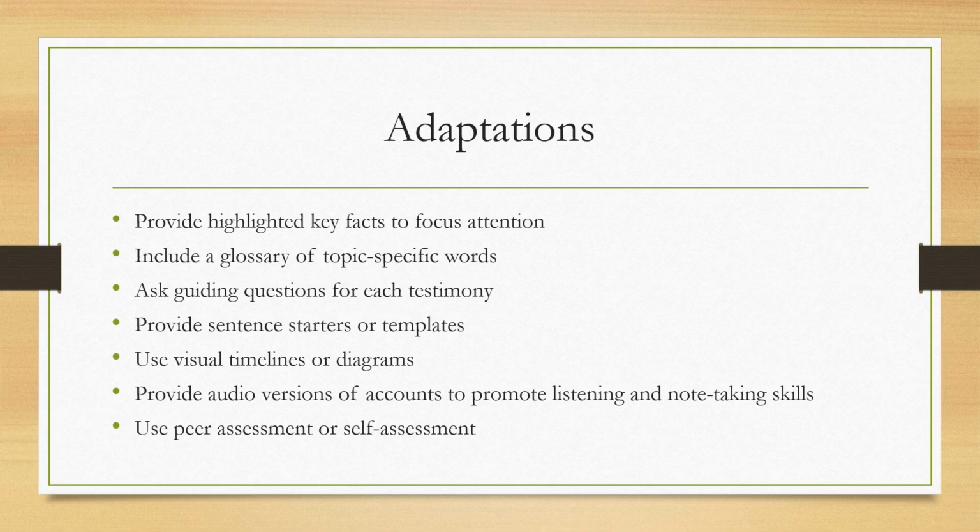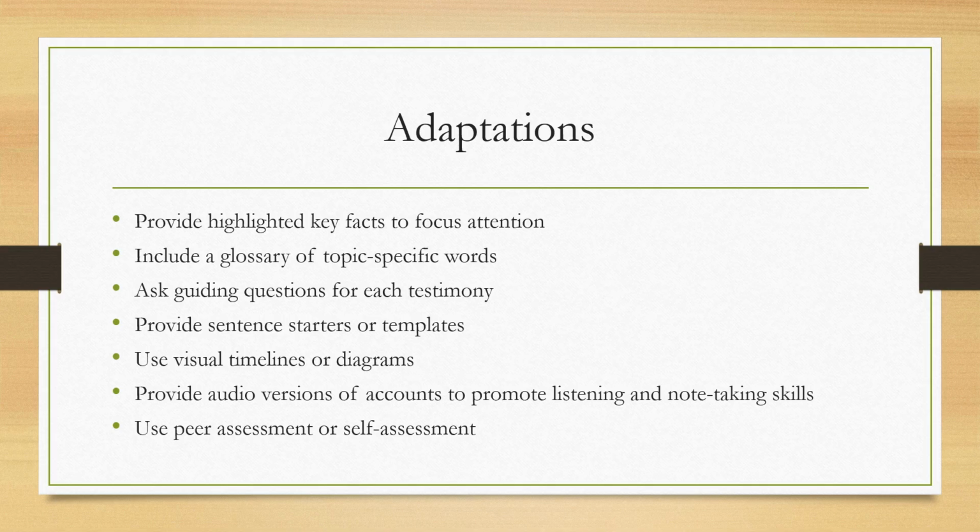There are multiple ways to adapt this activity to support the learners as they read eyewitness accounts and write their factual summaries. For example, key facts can be highlighted in the text, and a glossary can be provided to support focus and comprehension. Guiding questions, sentence starters, or writing templates all can help the learners structure their written summaries.